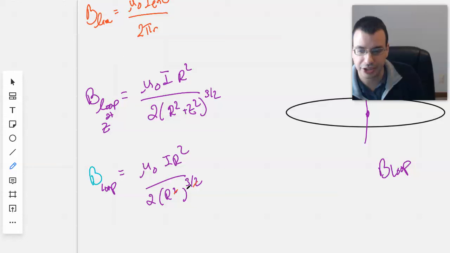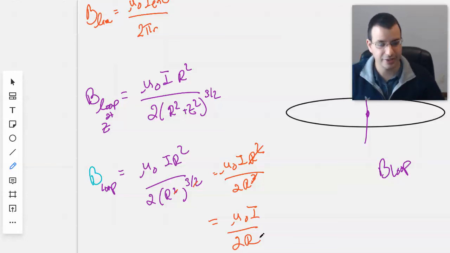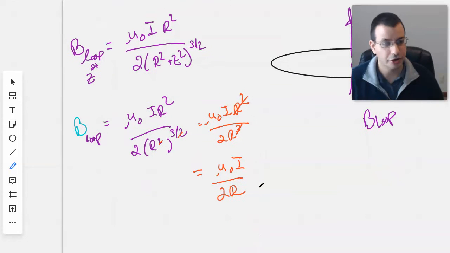The squareds cancel out, and so you get cubes, and then you get mu naught I r squared over 2r cubed, and you got mu naught I over 2r. Kapow! And this is also worth memorizing.